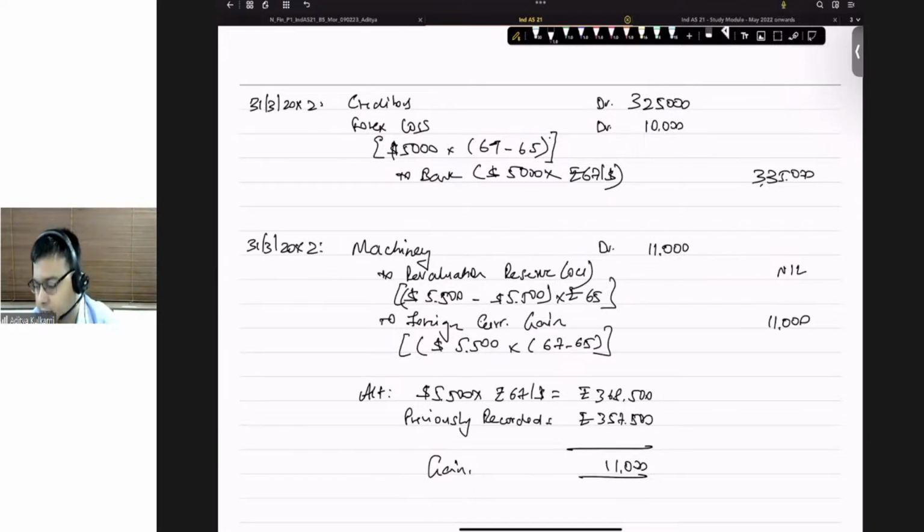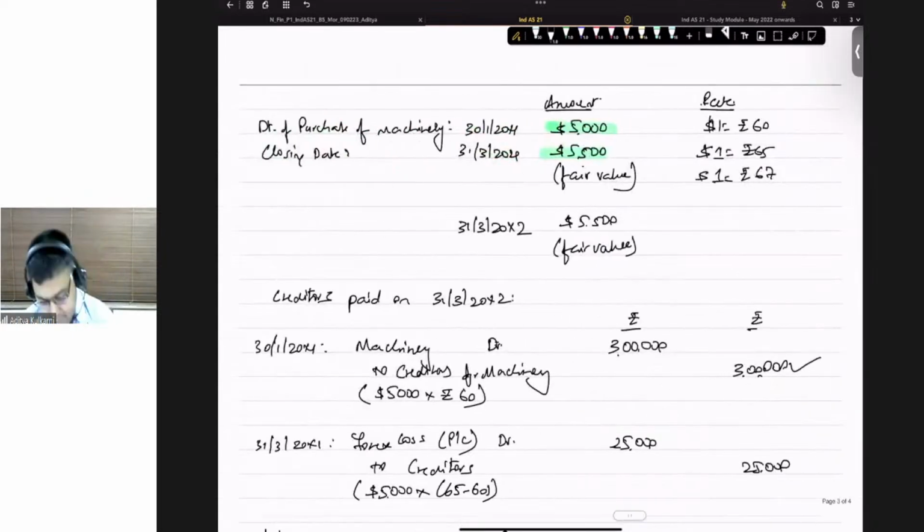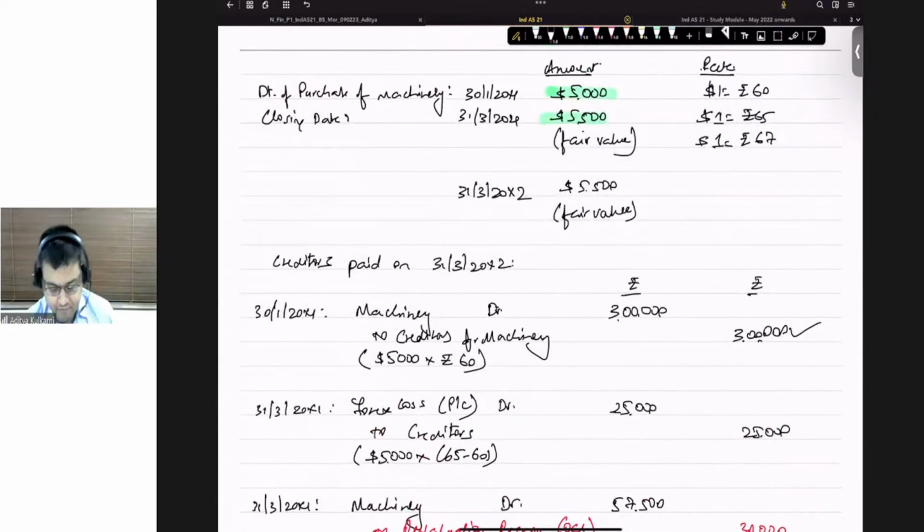Okay. All right. Sir, so in fair valuation model, the asset value will change or not? Treatment for changes in rate is to be given each financial year. Okay. All right. Fine. Again, let us understand. Please pay attention carefully.